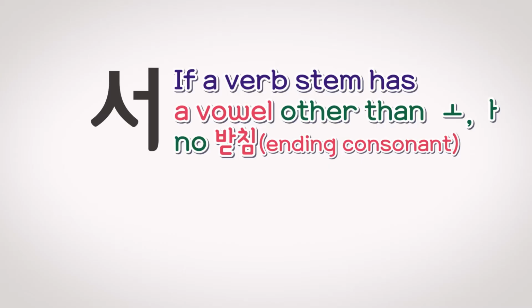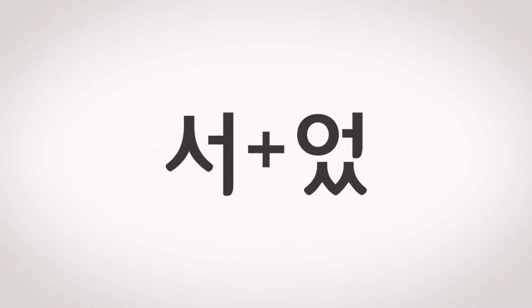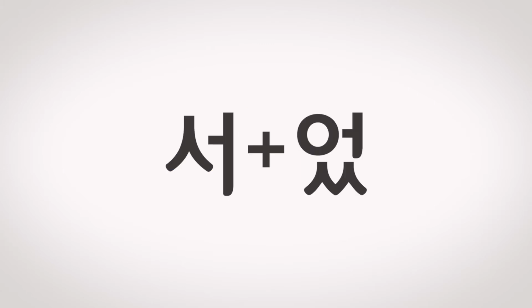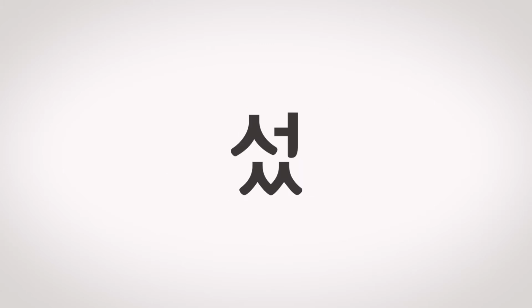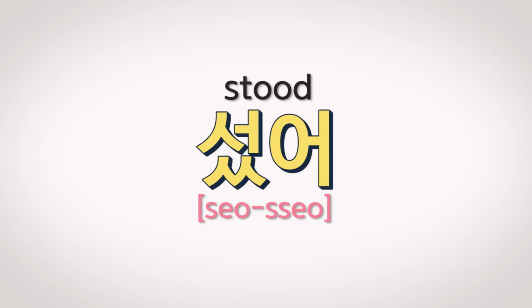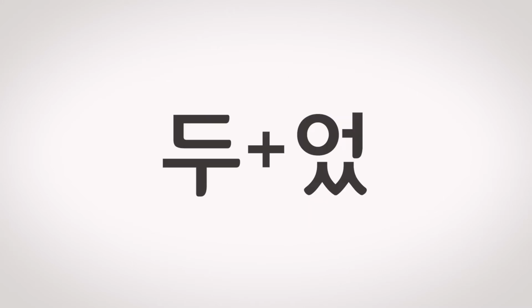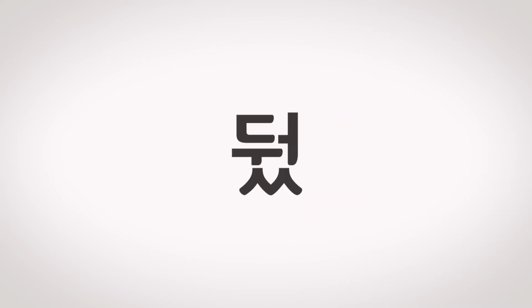If a verb stem has a vowel other than O or A, but doesn't have any ending consonant, we combine the verb stem and 었 together. For example, 서다 means stand. When the verb stem 서 is combined with 었, it becomes 섰, 섰어. 두다 is put, and 두 plus 었 is 뒀.